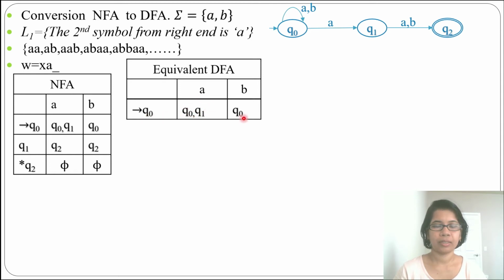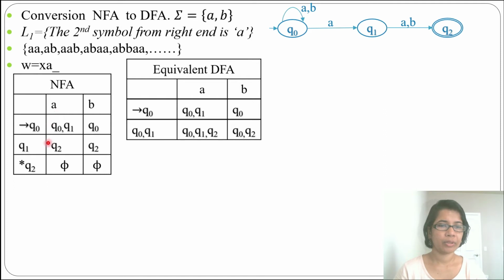For Q0 we already did. For Q0 Q1, from the Q0 state and the Q1 state by a, it will go to Q0, Q1, Q2: from Q0 we get Q0, Q1, and from Q1 we get Q2. We are just taking the union of these two. So Q0, Q1, Q2. And by b, it will be Q0, Q2. Then what new state is created? Q0, Q1, Q2 is one new state.